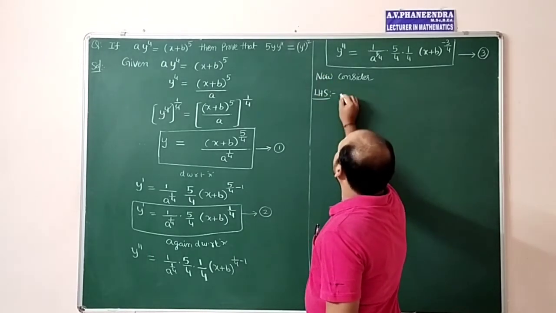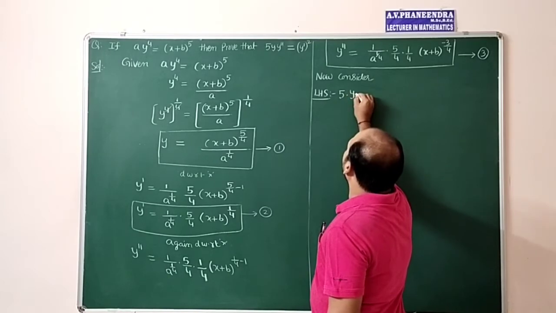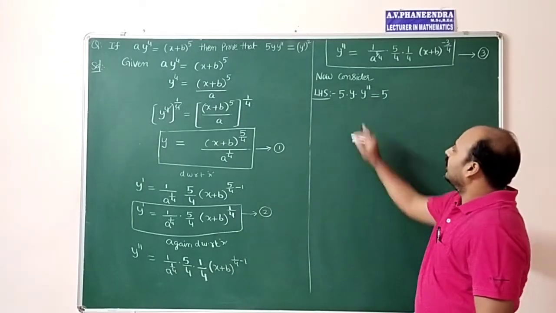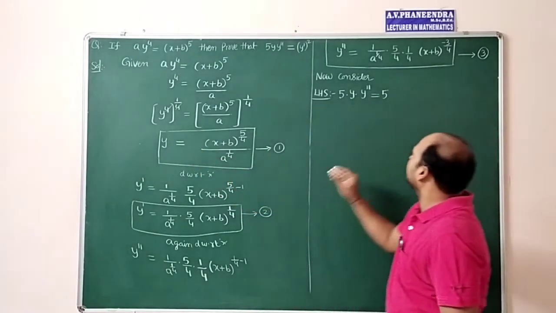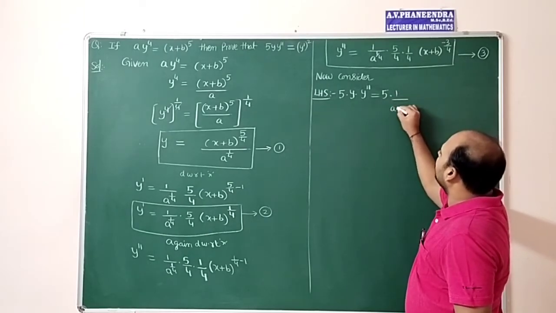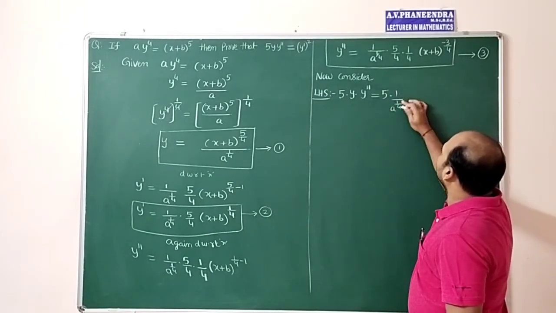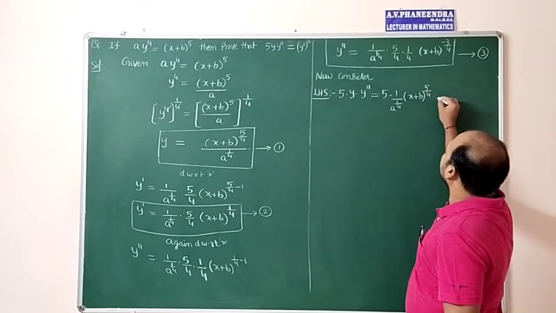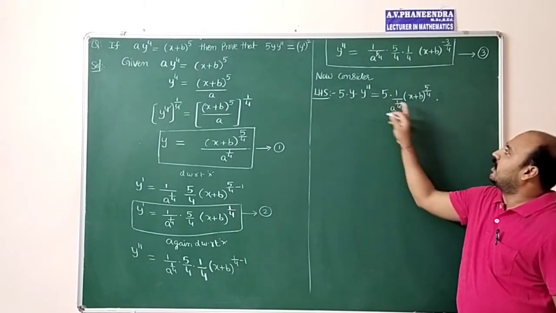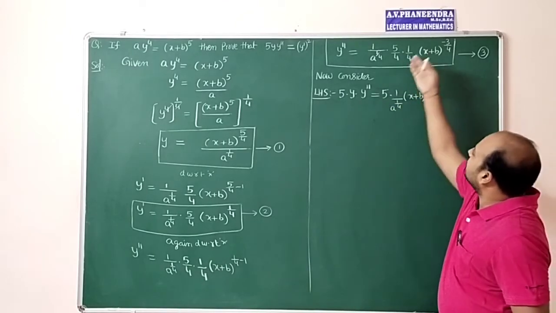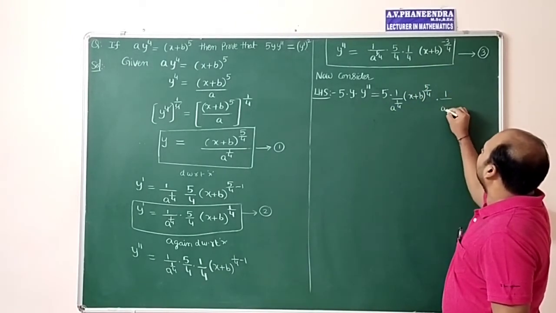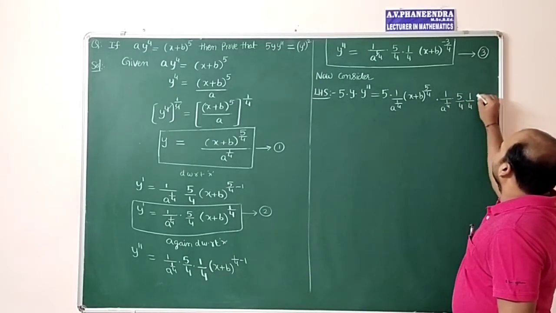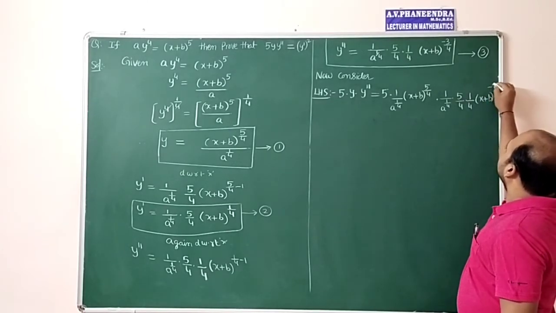What is the LHS? 5 into y double dash, which is equal to 5 into the y value, 1 by a power 1 by 4 into (x plus b) whole power 5 by 4, into the y double dash value, 1 by a power 1 by 4 into 5 by 4 into 1 by 4 into (x plus b) whole power minus 3 by 4.